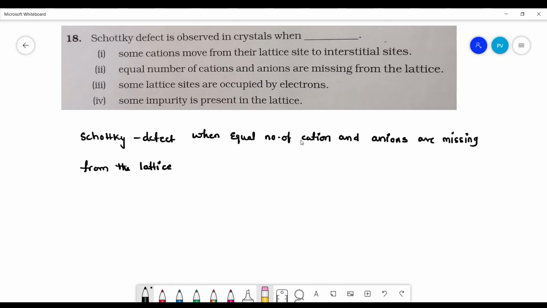Due to this, the density of the solid decreases. Remember that the density of the solid decreases. So the answer is equal numbers of cations and anions are missing from the lattice.